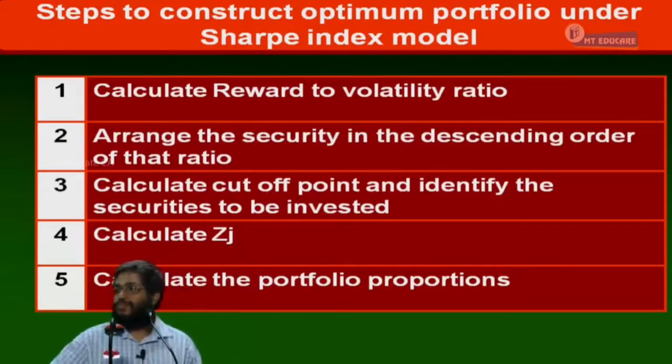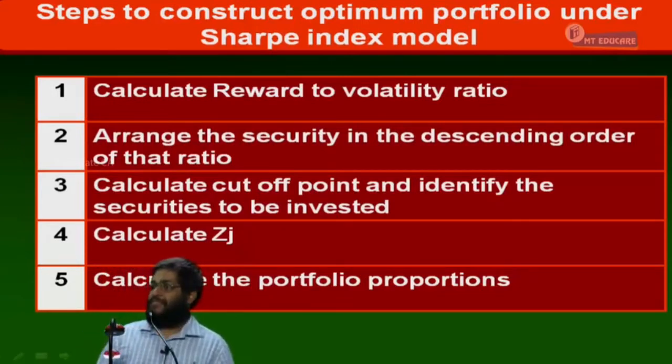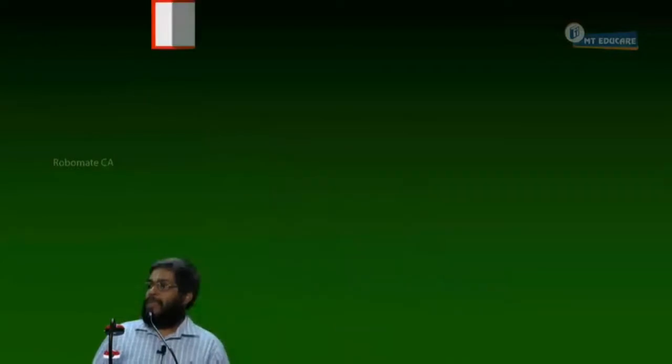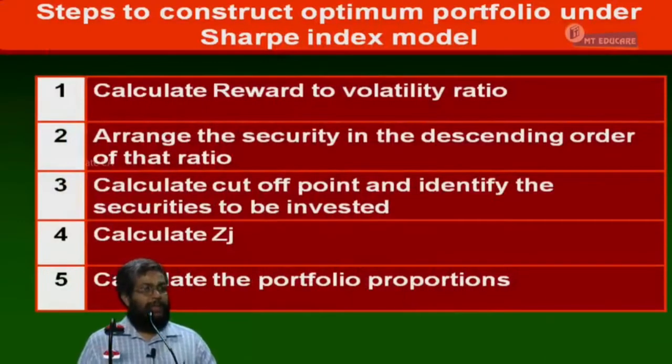Okay, now in this we have to calculate cutoff point. We have to calculate what? ZJ. For those two, there should be a formula or not? Write down. Next, cutoff point. Finish copying? I've been dictating. Calculate ZJ. Calculate the portfolio proportions. Over.